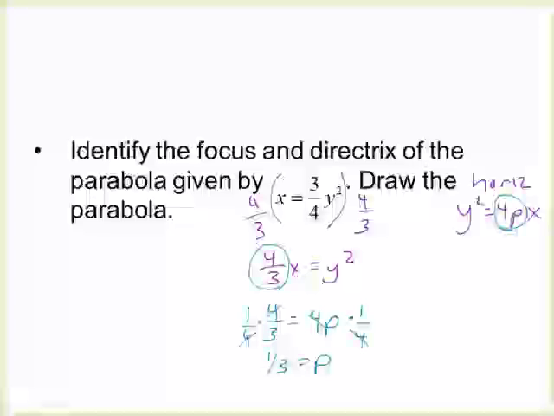Then we use that p-value, and in the chart, it tells us that our focus should be at p,0, and our directrix should be at x equals negative p. Okay, using the horizontal column of the chart. If it was an x squared equation, then we would use the other column of the chart and use the vertical values.